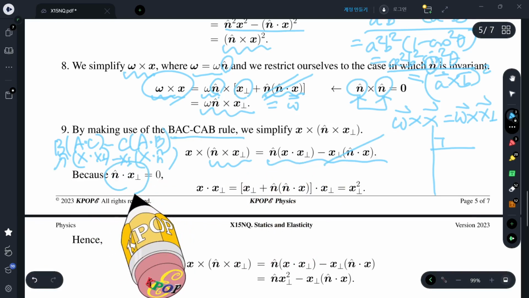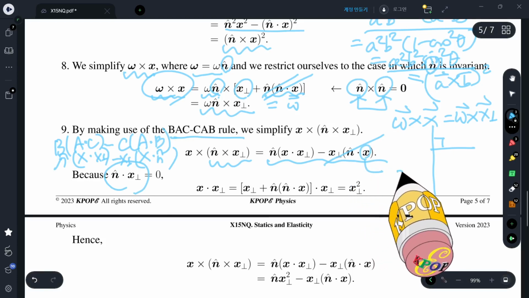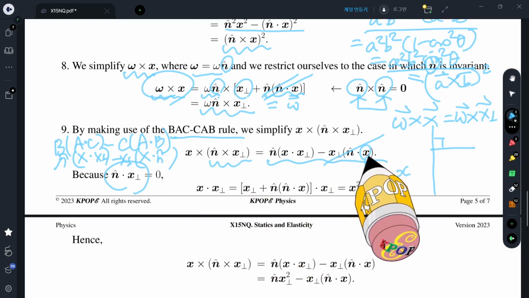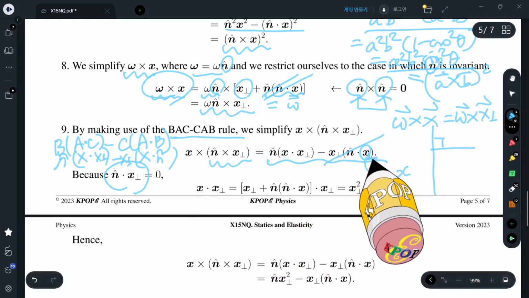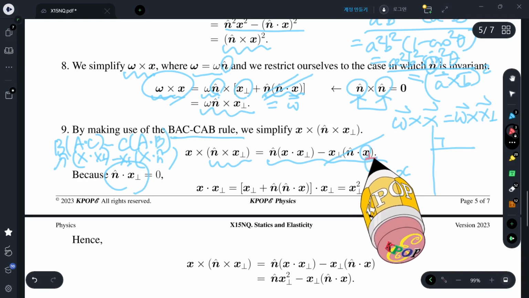Where is n hat x perp? This one should be x perp. So I missed perp in here.